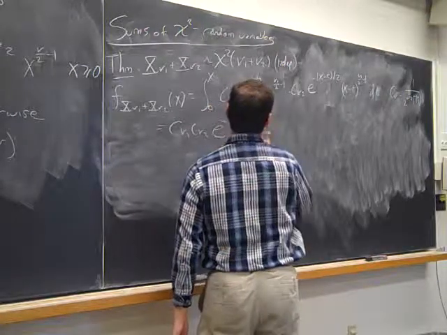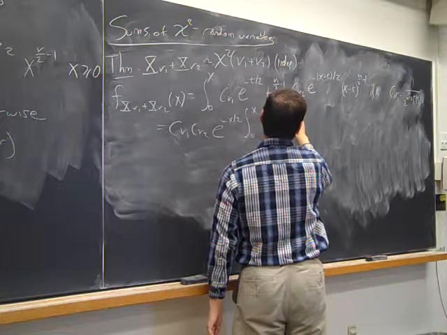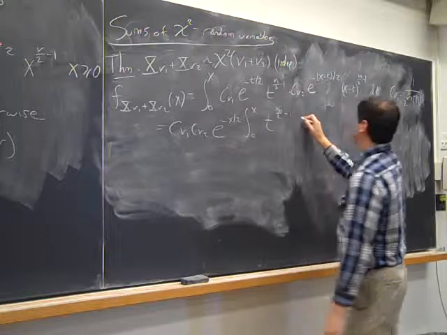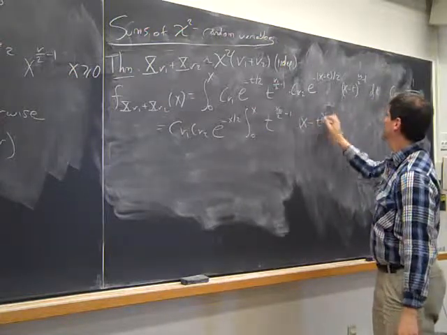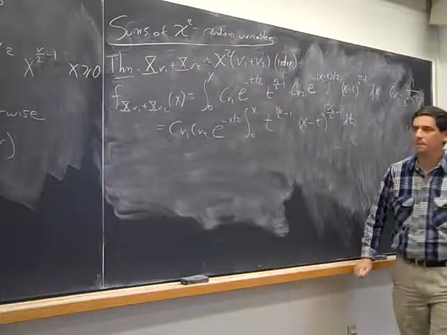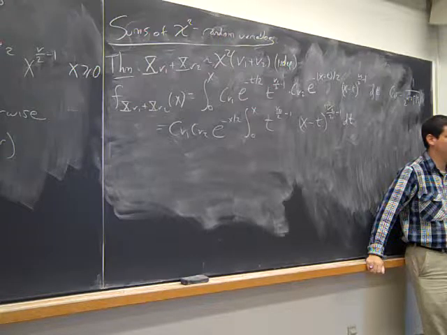And now I'm left with the integral from 0 to x of t to the nu1 halves minus 1, (x minus t) to the nu2 halves minus 1, dt. How many people like this integral?